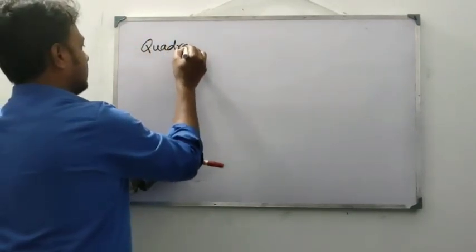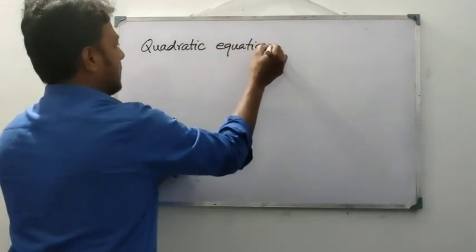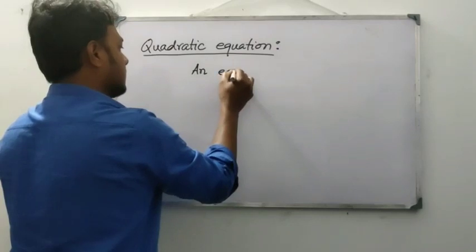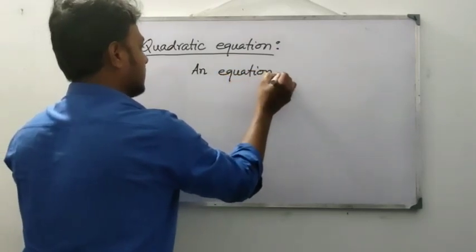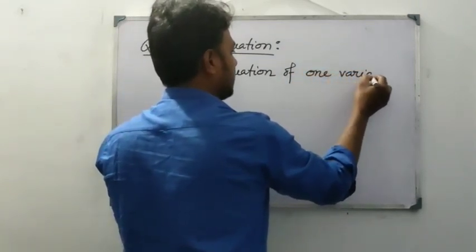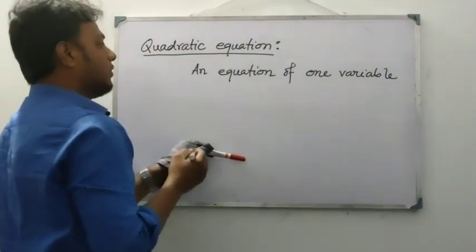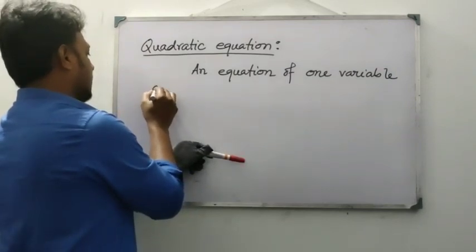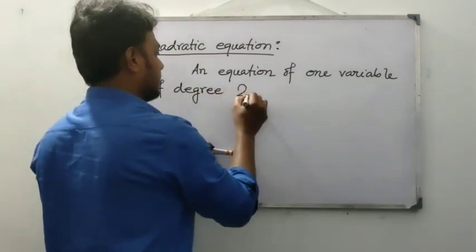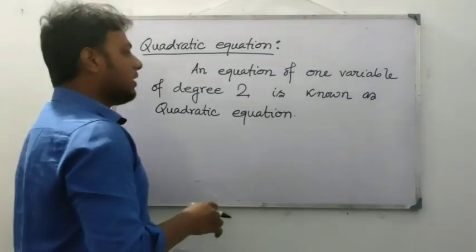Quadratic equation: an equation of one variable of degree 2 is known as a quadratic equation.